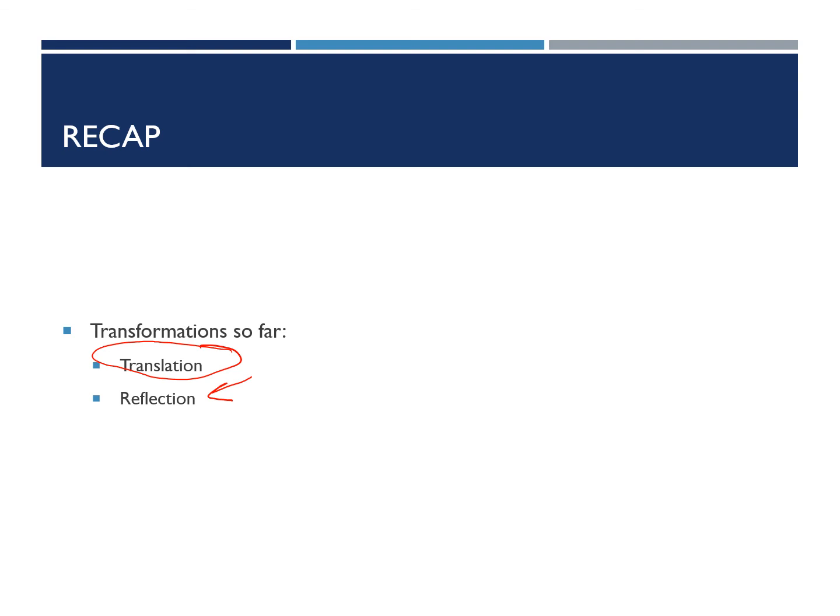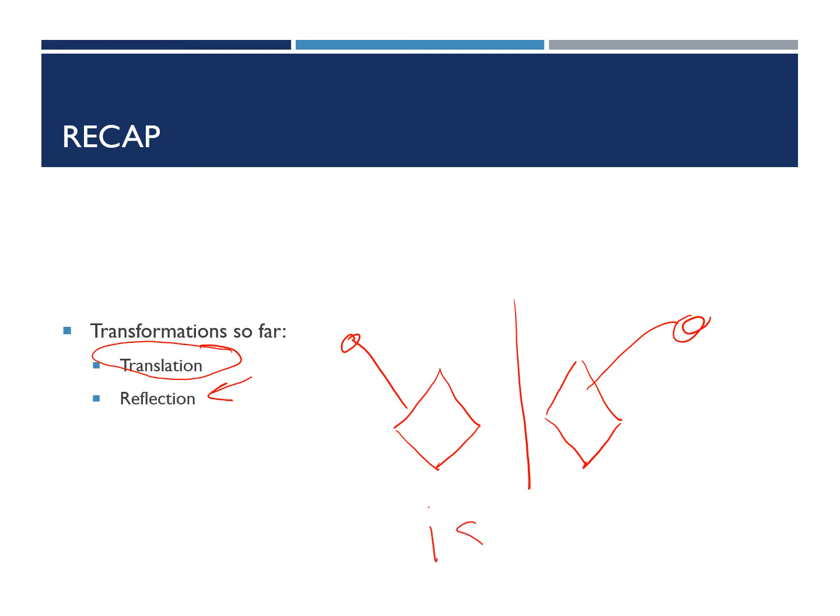So when we look back at those reflections, we didn't really talk about that, but if I reflect, say, this triangle or this diamond over this line, okay, it doesn't change its shape, but it will change its orientation like it did the Nittany lion, with one little hand sticking out here and one hand sticking out here. But because the size doesn't change, it is a nice symmetry.